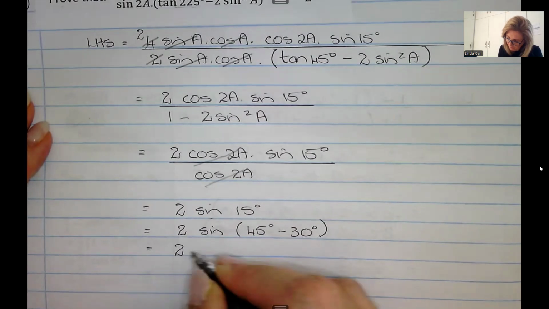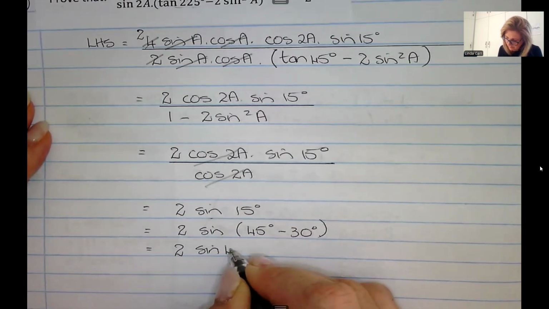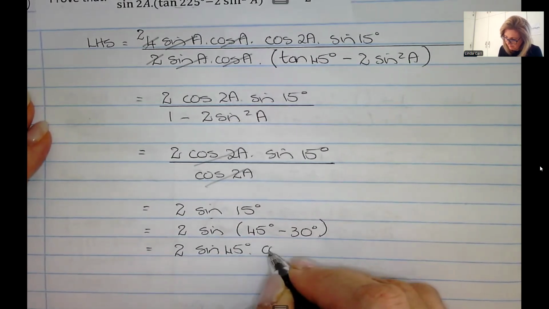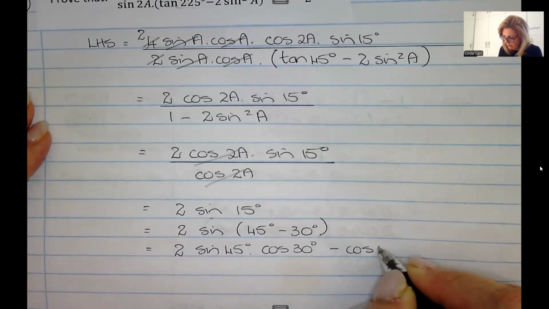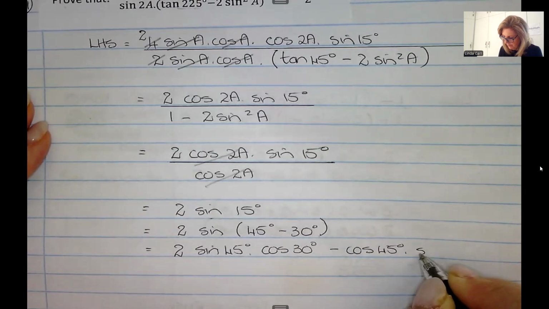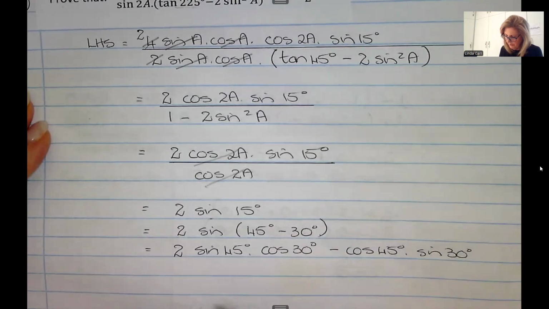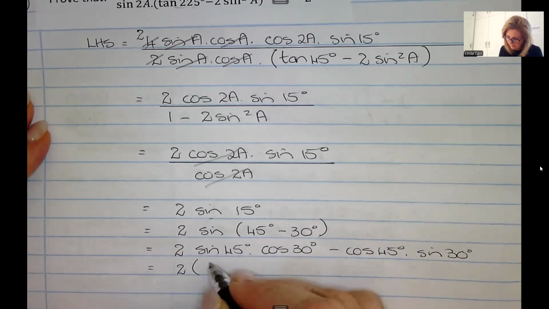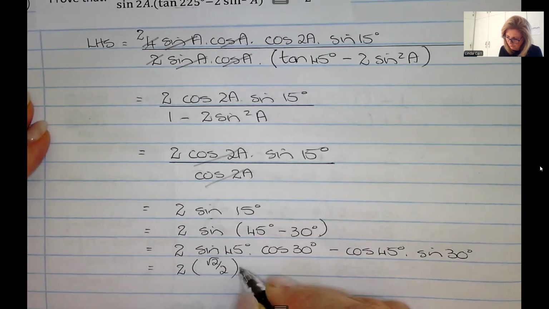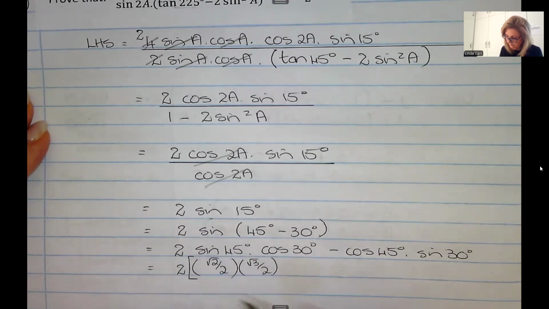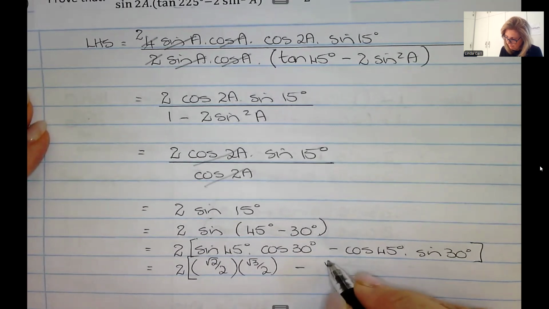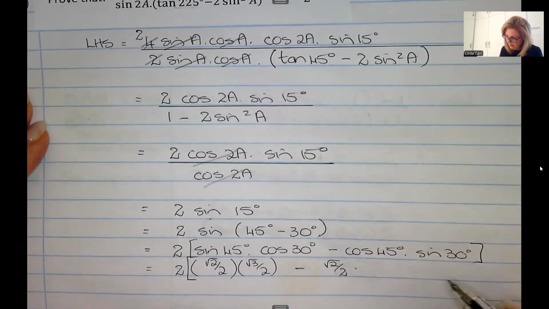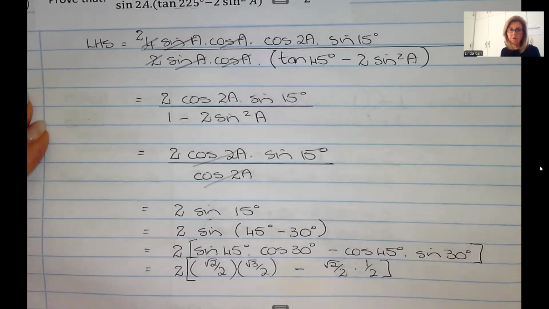So I now have 2 times sine 45 cos 30 minus cos 45 sine 30, which is root 2 over 2 times root 3 over 2, minus root 2 over 2 times 1 over 2.